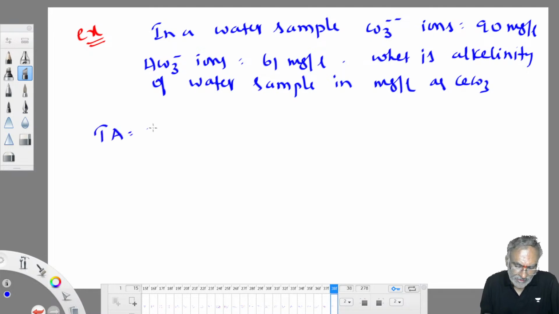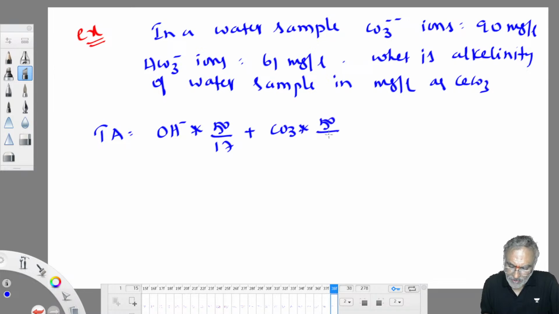So total alkalinity is equal to OH minus into 50 by 17, carbonates into 50 by 30, bicarbonates 50 by 61, whenever concentrations are given in milligram per liter.